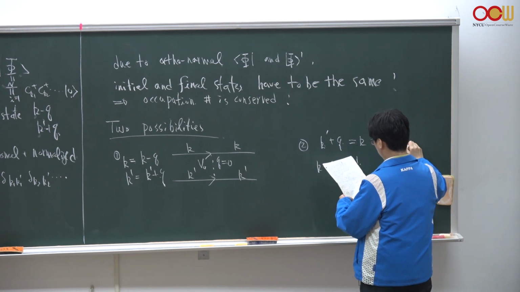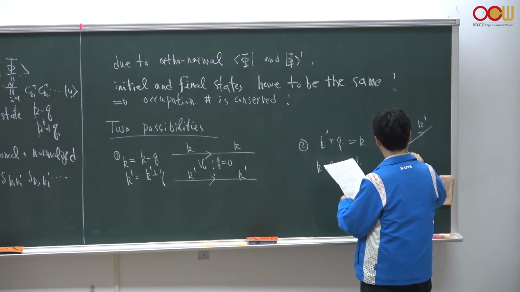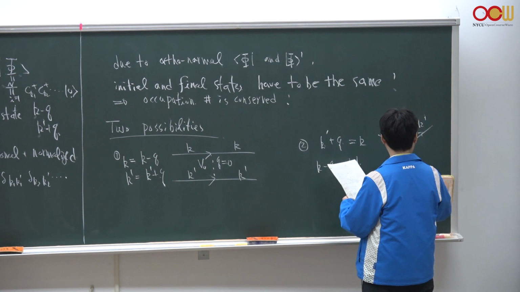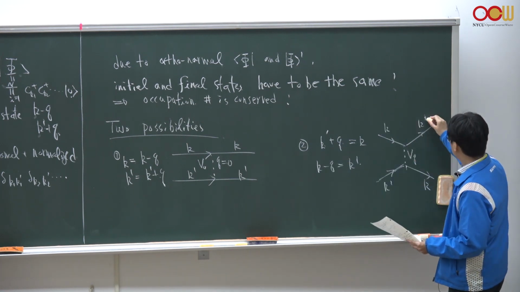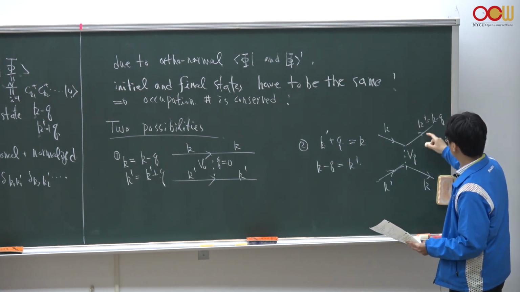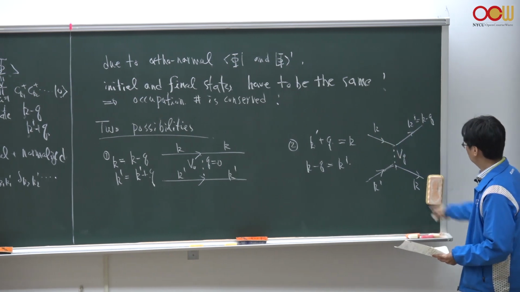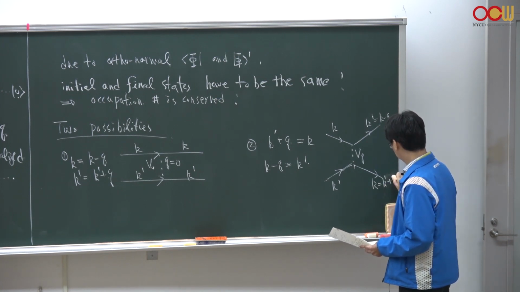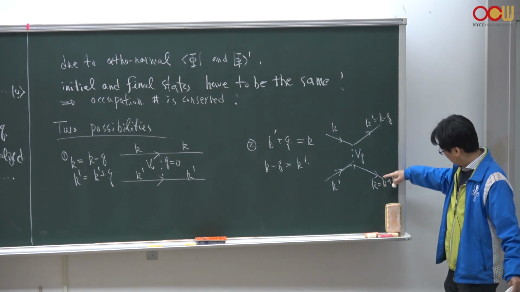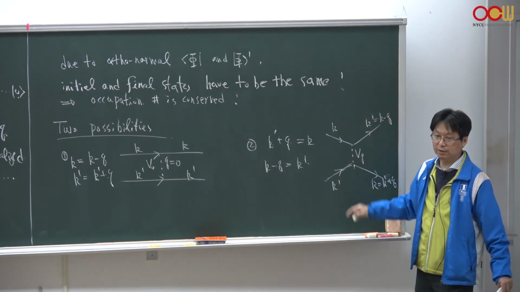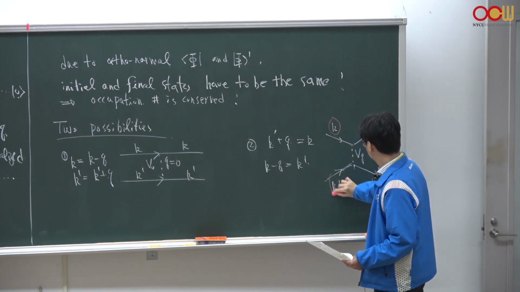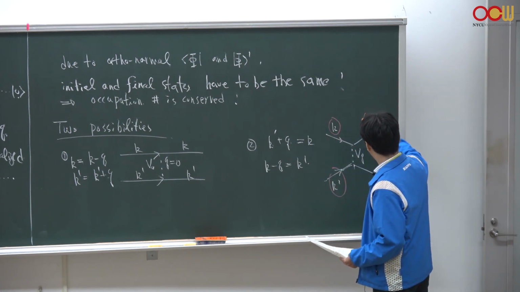We call this the exchange term, k and k prime, and we call this v of q, and k prime to k. So k prime is actually k minus q, which is the outgoing particle with respect to the initial particle k, and k becomes k prime plus q, which is the outgoing electron state with respect to the k prime initial state. If you look at these initial and final momenta, you find that they are exchanged, right?